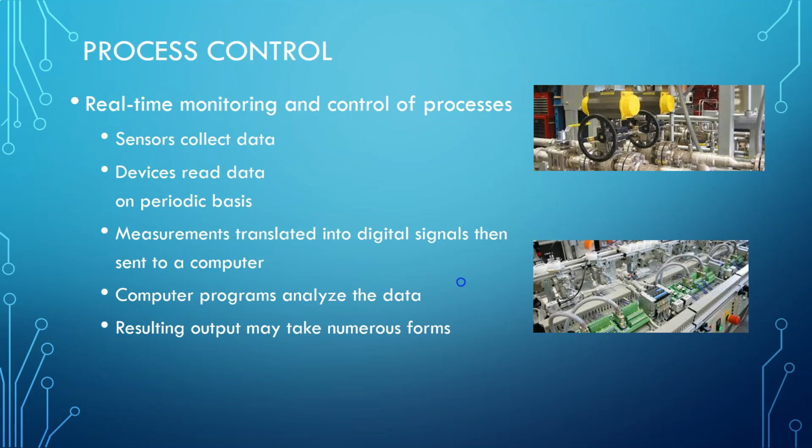Process control, which is real-time monitoring and control of processes, increased process stability and increased process precision. It gave real-time provision of information for process evaluation and made data available in many forms such as charts, figures, diagrams, and reports.